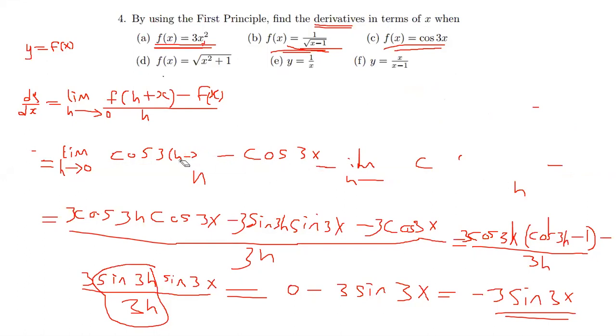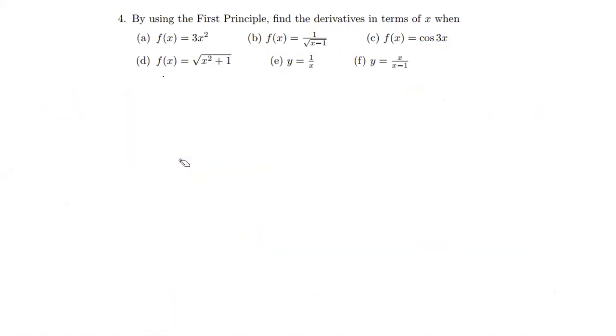I'm sure by now you know the formula for the first principle, so let me just remove everything, because erasing them one by one will take us a lot of time. Then let us look at this one here. This one is also a long process, but we can make it short.